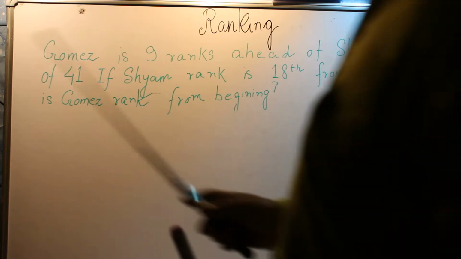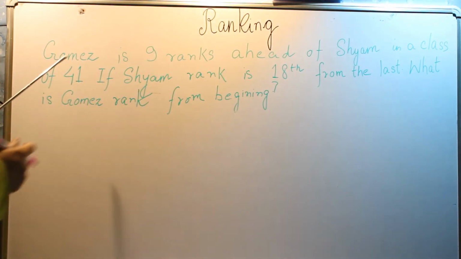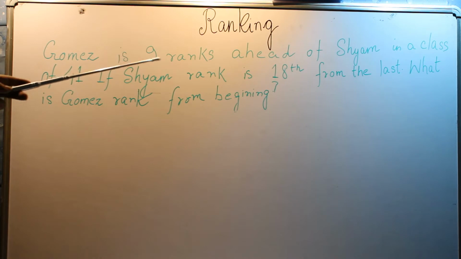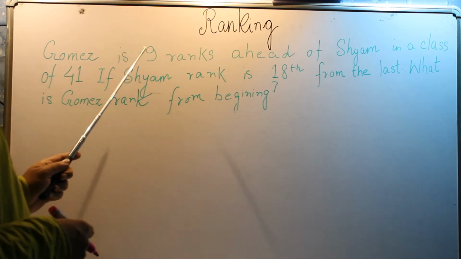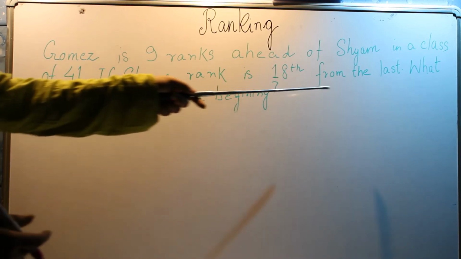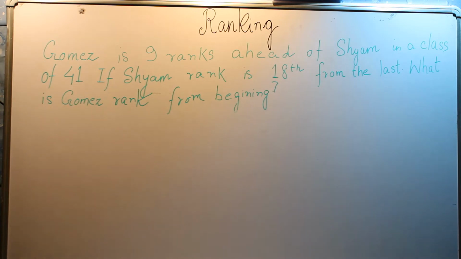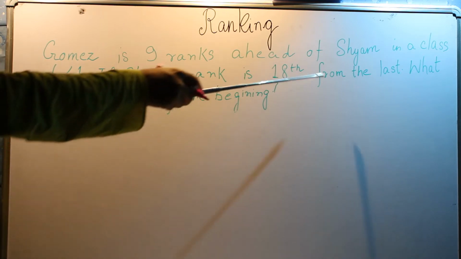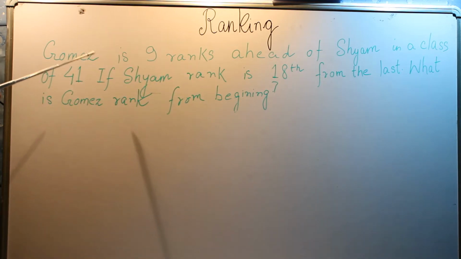In this question it is given Gomes is 9 ranks ahead of Shyam, that is, Gomes is 9 ranks before Shyam in a class of 41. If Shyam's rank is 18th from the last, what is Gomes's rank from the beginning? Shyam is 18th from the last and Gomes is 9 ranks ahead of Shyam.